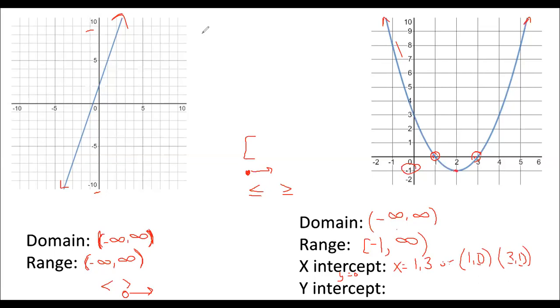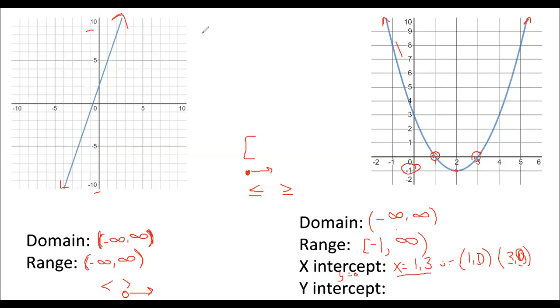You should consult your lecture notes to see how your teacher wants you to report it, either in this x equals notation or as an ordered pair, and follow that. Either one is acceptable, but look to see how your teacher did it to make sure you get the right format in your answers.